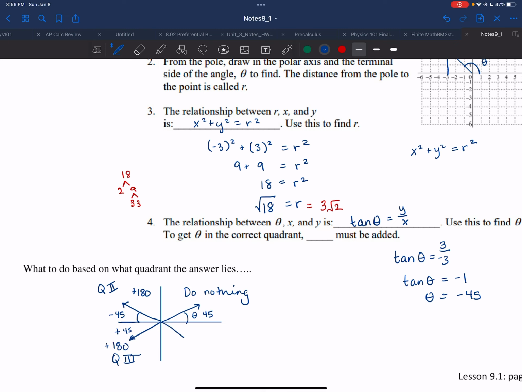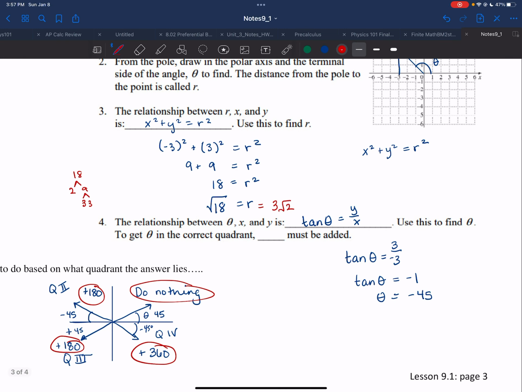And if it ends up in quadrant 4, you're going to add 360 because it's going to give you a negative 45 degrees on that one. Okay, so do nothing in quadrant 1, add 180 in quadrant 2, add 180 in quadrant 3, and add 360 in quadrant 4. Now, if this is in radians, we're going to affect that in radians. So we would add pi for quadrant 2, add pi for quadrant 3, and add 2 pi for quadrant 4.